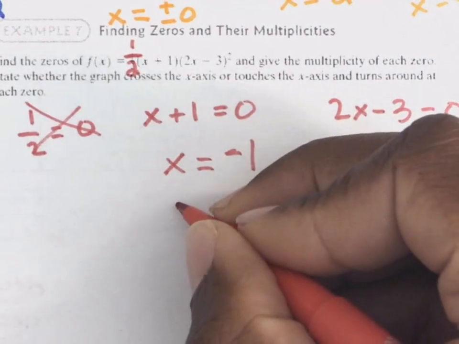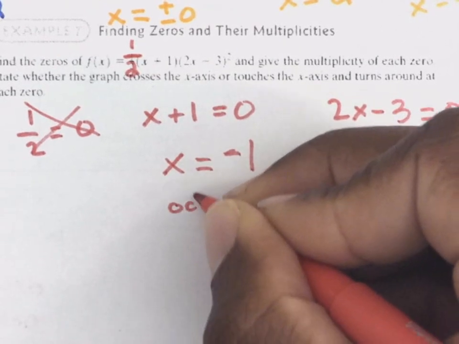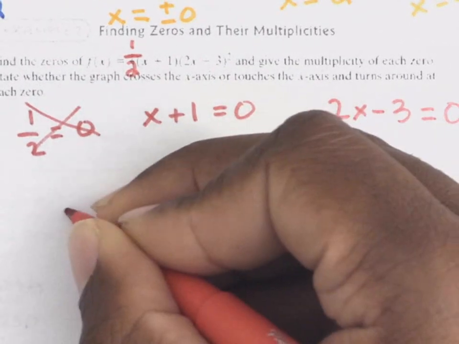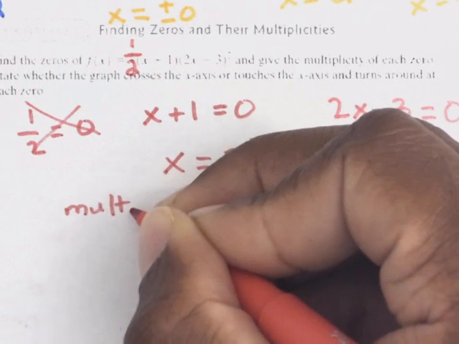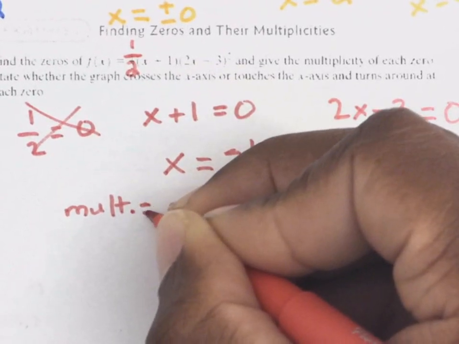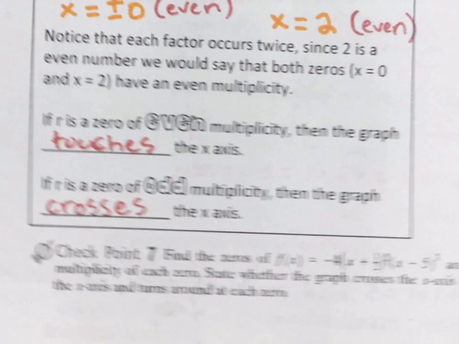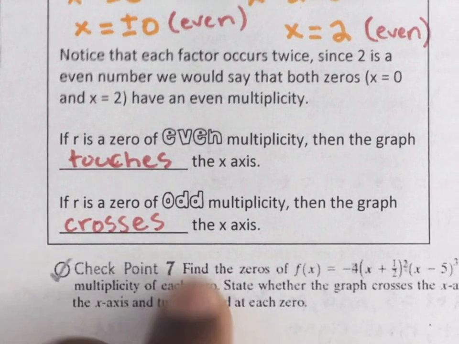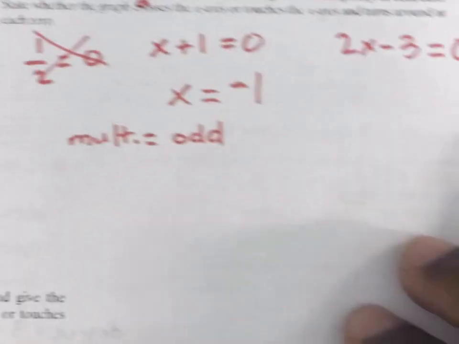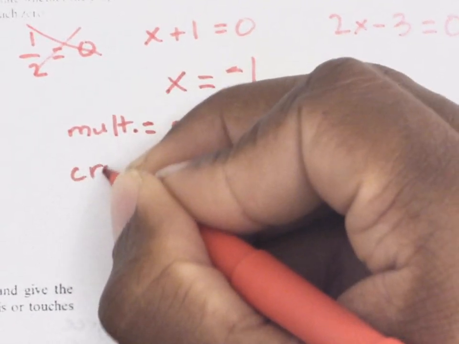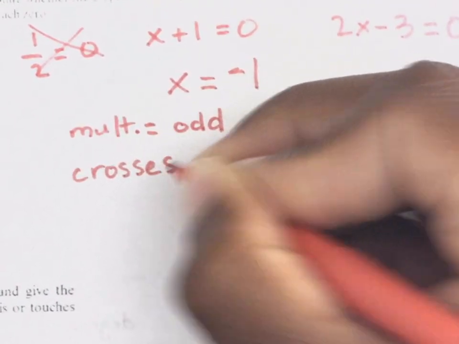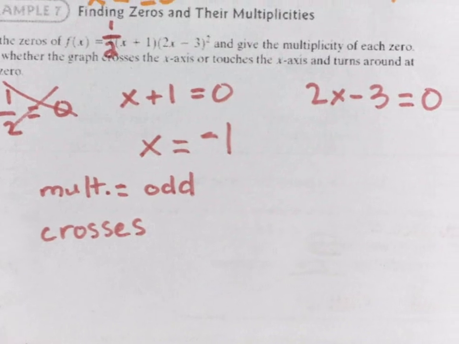Once. So we got it an odd number of times, right? Multiplicity is odd, which means it's going to do what here? It crosses. So here it crosses the x-axis. If that makes sense?